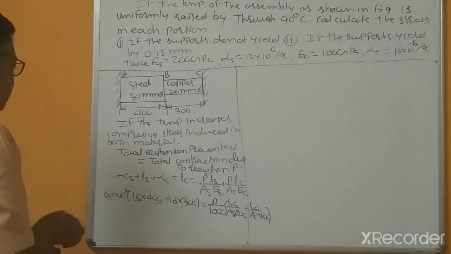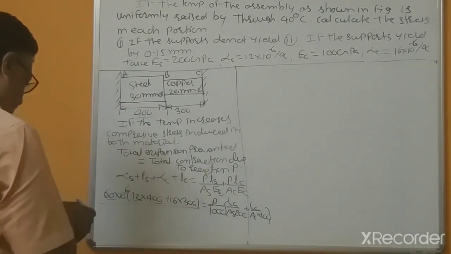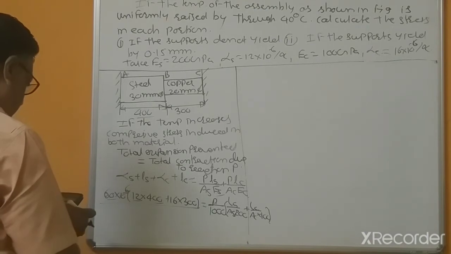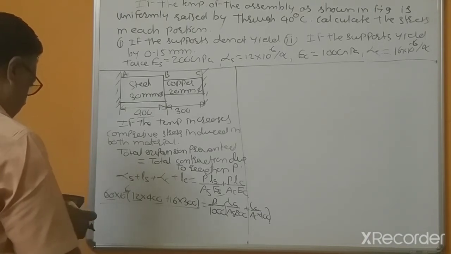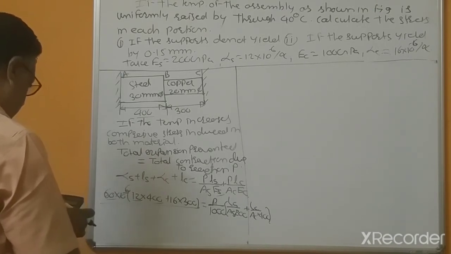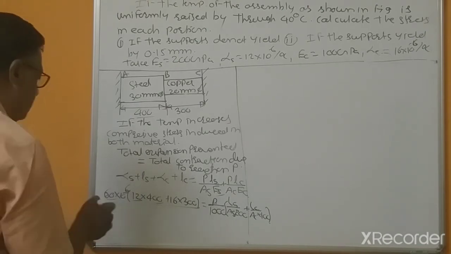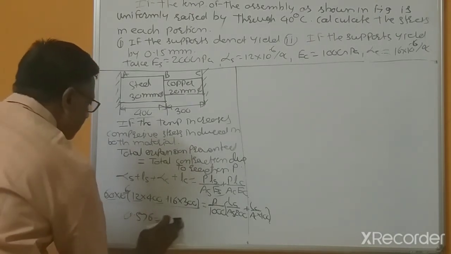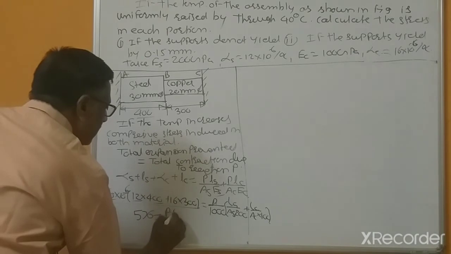So we will simplify this right-hand side: 16 multiplied by 300 plus 12 times 400, which is 0.576, multiplied by 1000. So this is 576 equal to P in bracket.